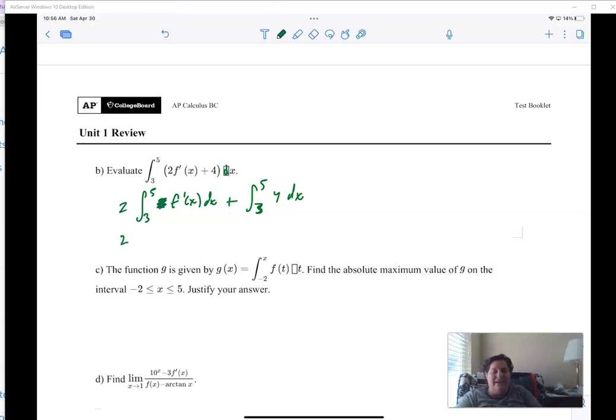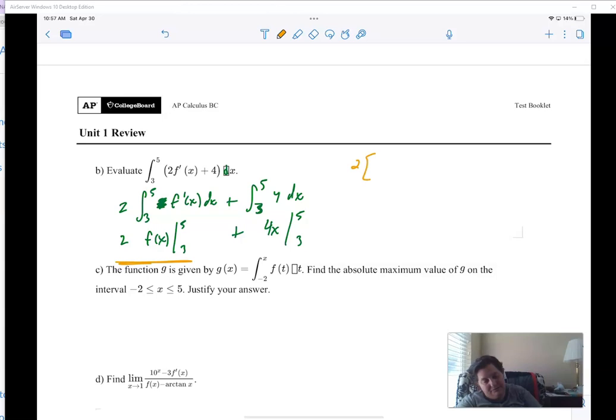Now, you guys, what's the integral of f prime? So think about this. The integral of a derivative is just f, evaluated from 5 to 3. Over here, the integral of 4 is 4x, evaluated from 5 to 3. Okay? Now, this first part right here, I'll bring this over here.